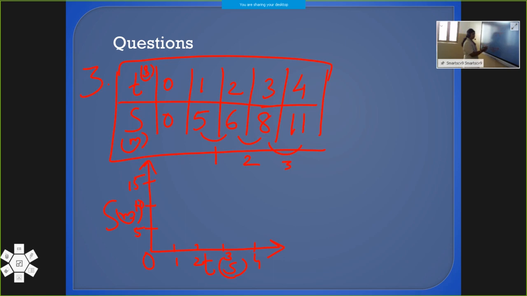Then 1 second, 5, so mark the point like this. 2 seconds it is 6. Then 3 it is 8. Then 4, it is 11.